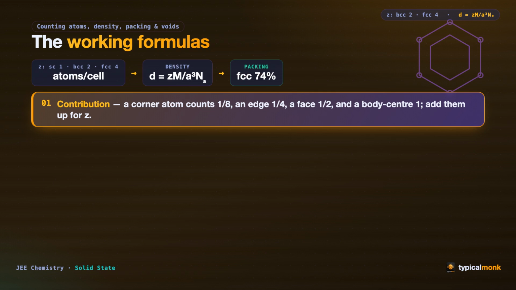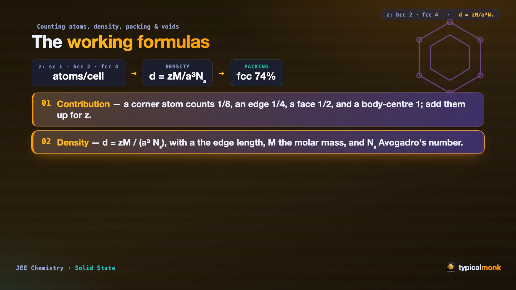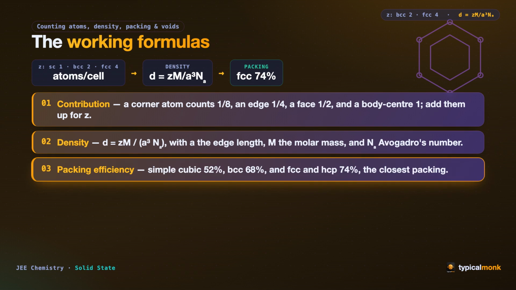The contribution. A corner atom counts 1/8, an edge atom 1/4, a face atom 1/2, and a body center atom 1 whole. Add them up to get Z. The density. Density equals Z M over a cubed times Na, with a the edge length, M the molar mass, and Na Avogadro's number. The packing efficiency.